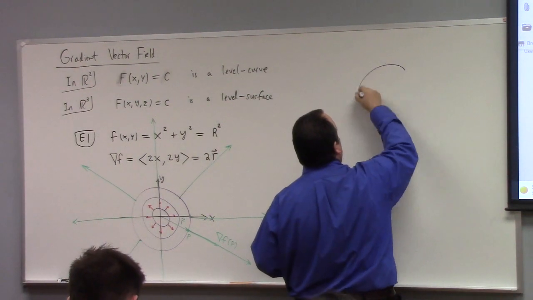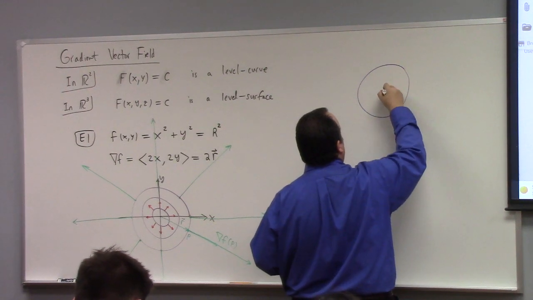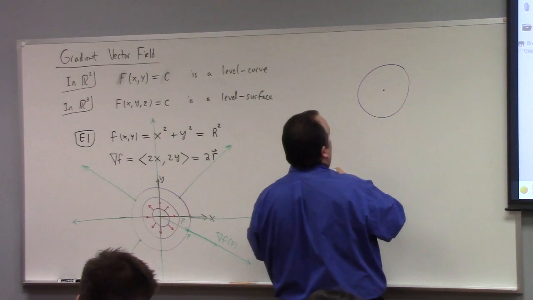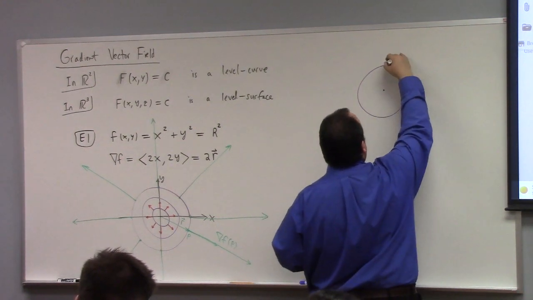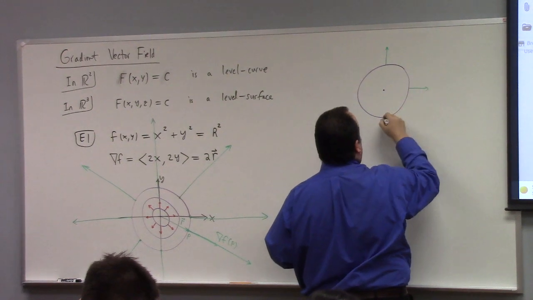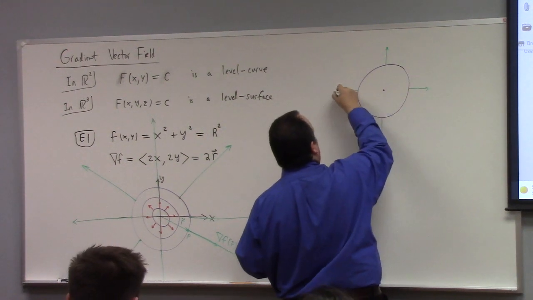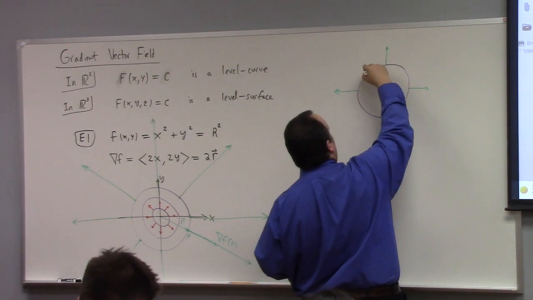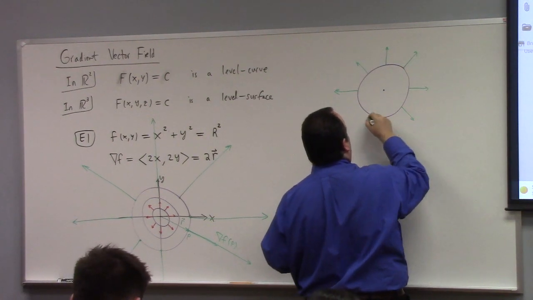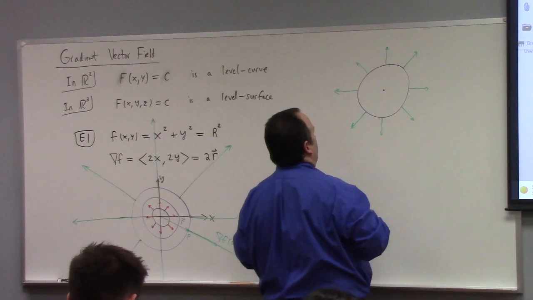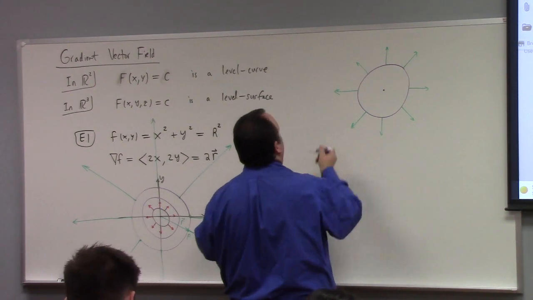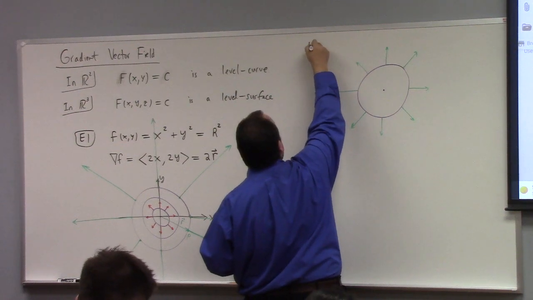So let's suppose this is our level curve, and usually I just do something like this, just to illustrate the direction. Let me make my picture easier to graph. So it's like example 2.